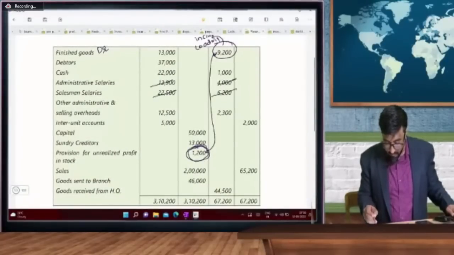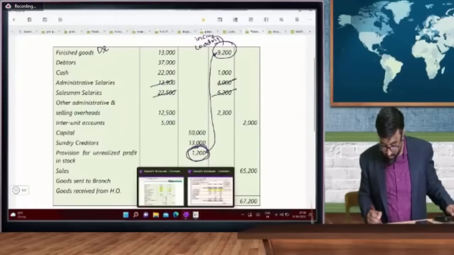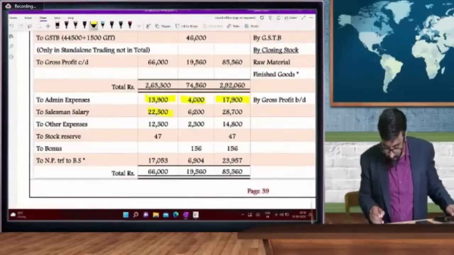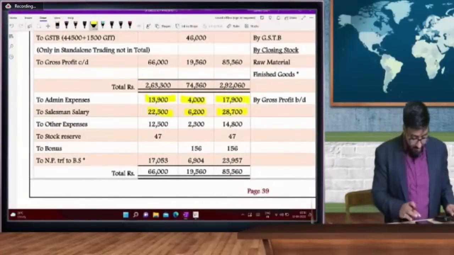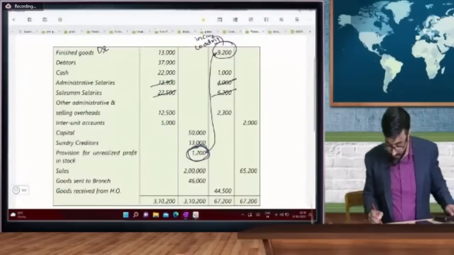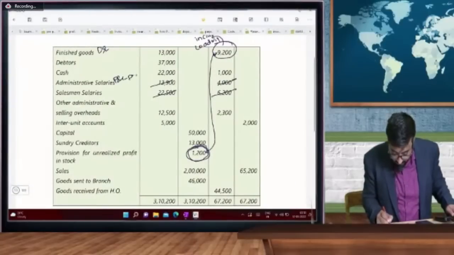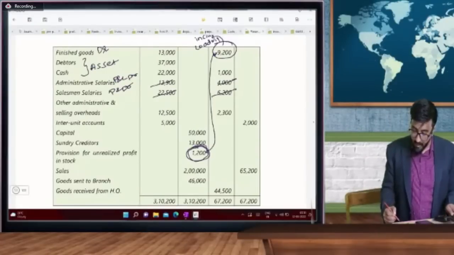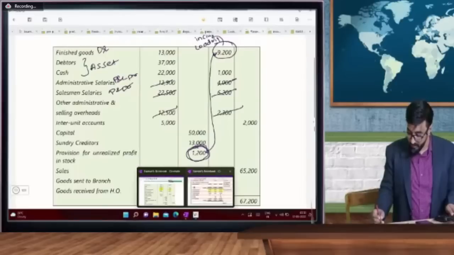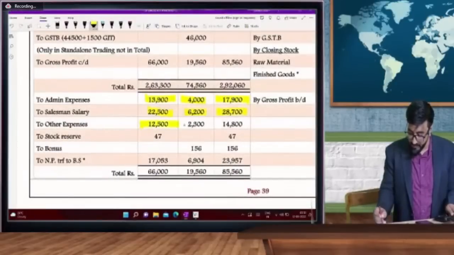Salesman 22,500 and 6,200, 28,700 P&L debit. Okay. So P&L debit, P&L debit, these two on the asset side. Other administrative expenses 12,500 and 2,300.